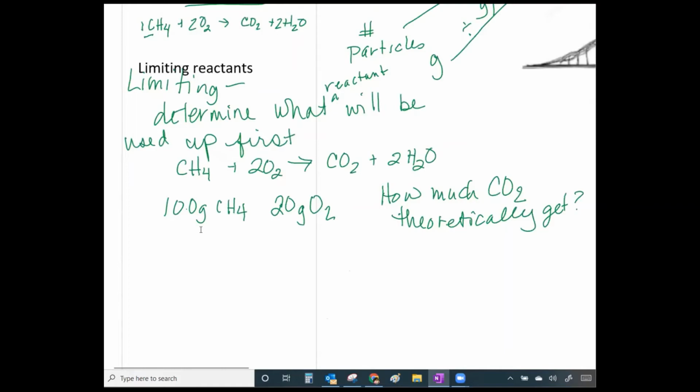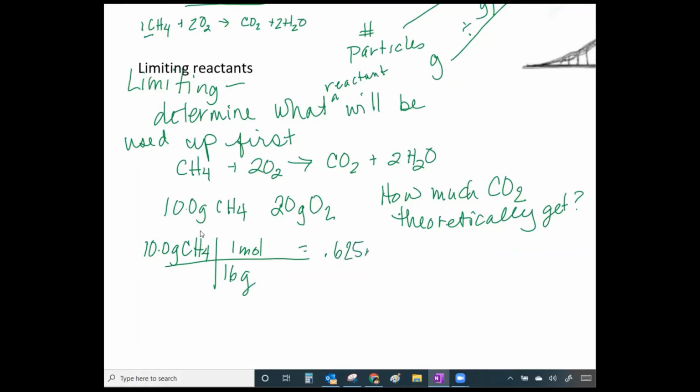So what you do, take 10 grams of CH4, change it to moles. Calculator. 0.625 moles.